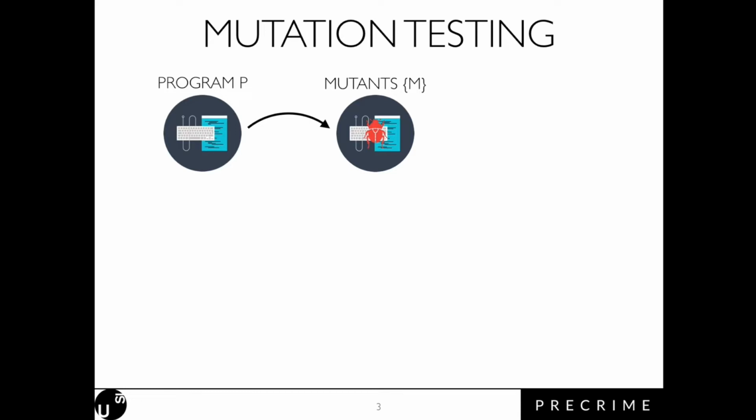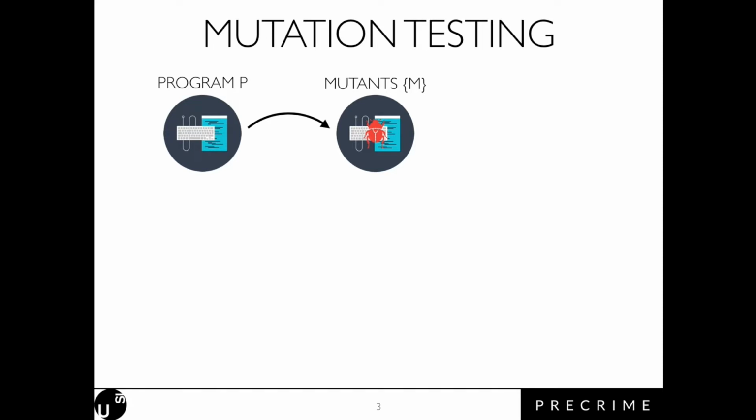So we have some program which we want to test, and we generate a number of mutants of this program by seeding some artificial faults. And that's usually syntactic faults, such as changing minus to plus sign, multiplication to division, and etc.